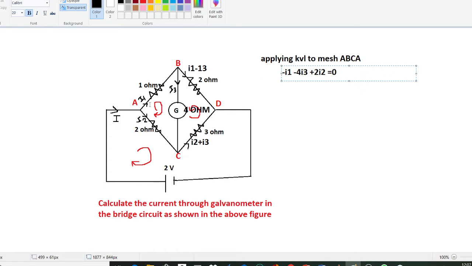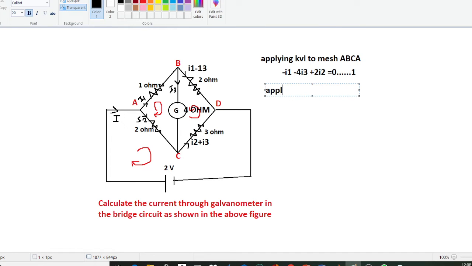Since in this mesh, my 1 into this 1 ohm resistance, so minus I1, and since the current is flowing in this direction, minus I3 into 4, as this galvanometer has a 4 ohm resistance. And again this current is flowing in this direction, but here we have assumed the mesh in this direction, so it will be plus 2 I2, so 2 I2 equals 0. Suppose this is equation 1.